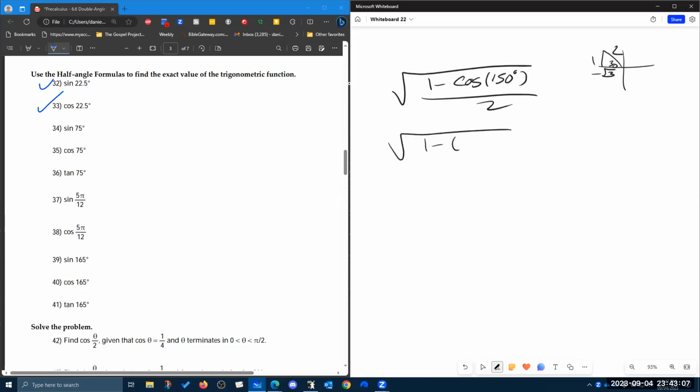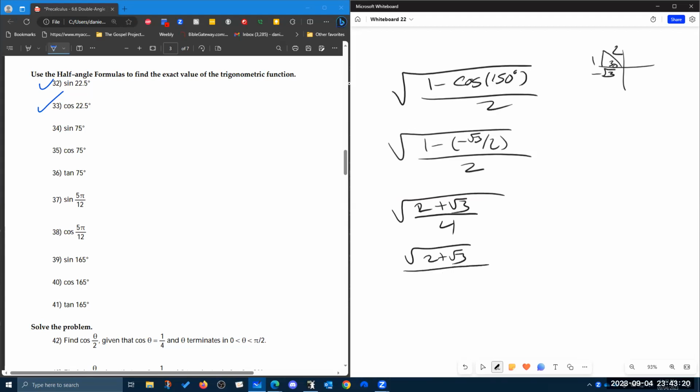So 1 minus negative root 3 over 2 over 2 is 2 plus root 3 over 4. That's 2 plus root 3 all over a big 2, under the root.